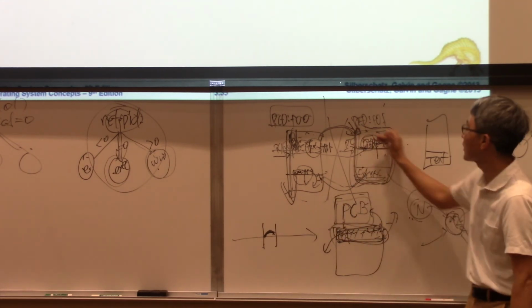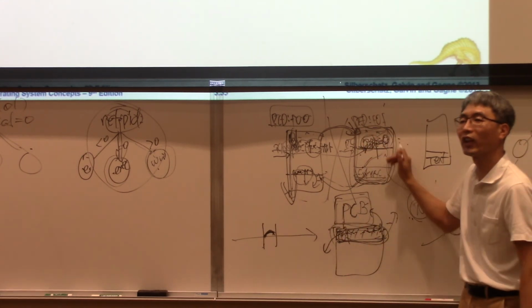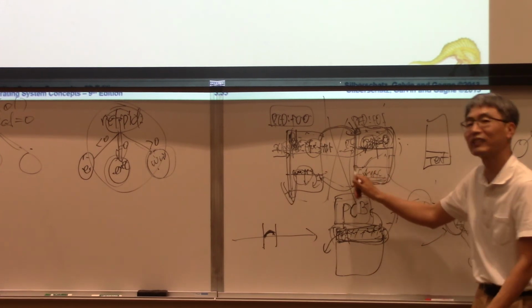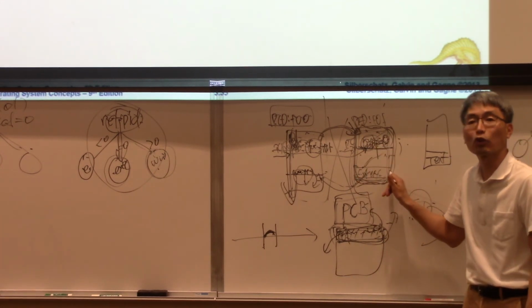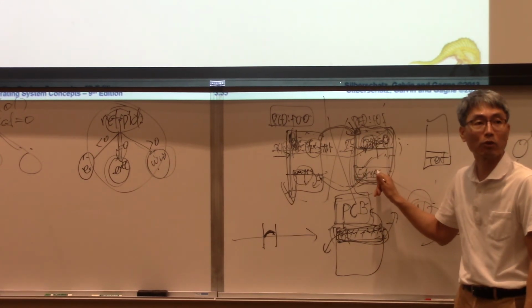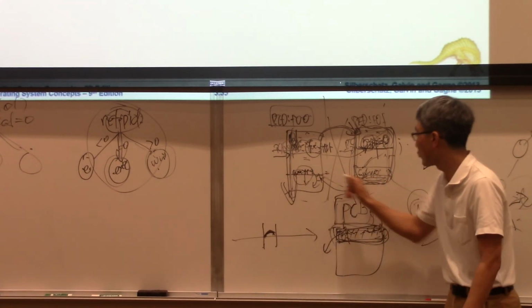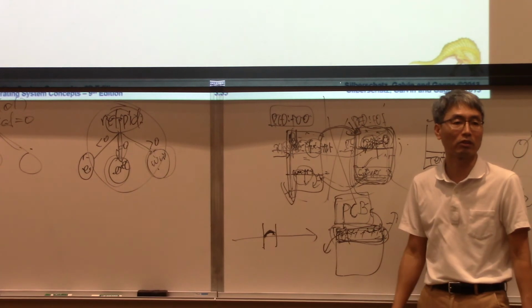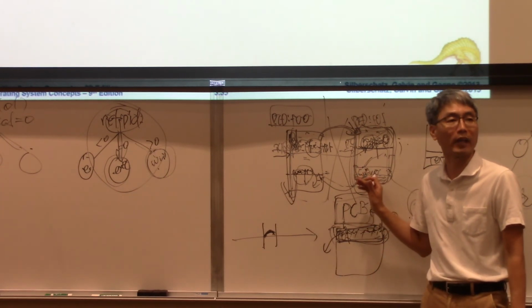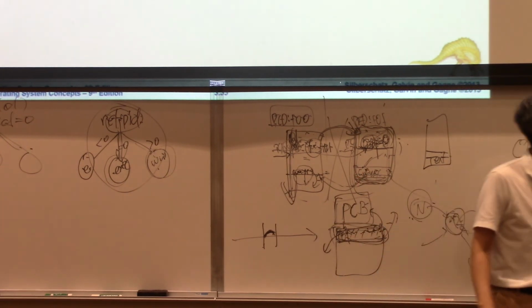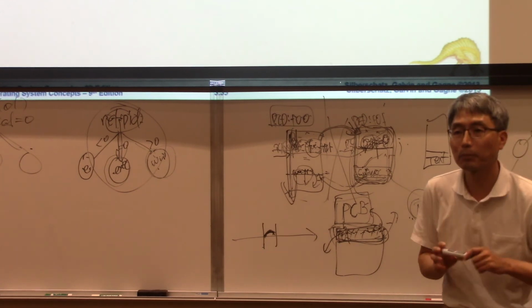Then this one keeps running, keep running. Sometimes not running, but it occupies memory resources. Even though it ends, there's no parent to receive the termination, so it will not be terminated. This is called an orphan process.